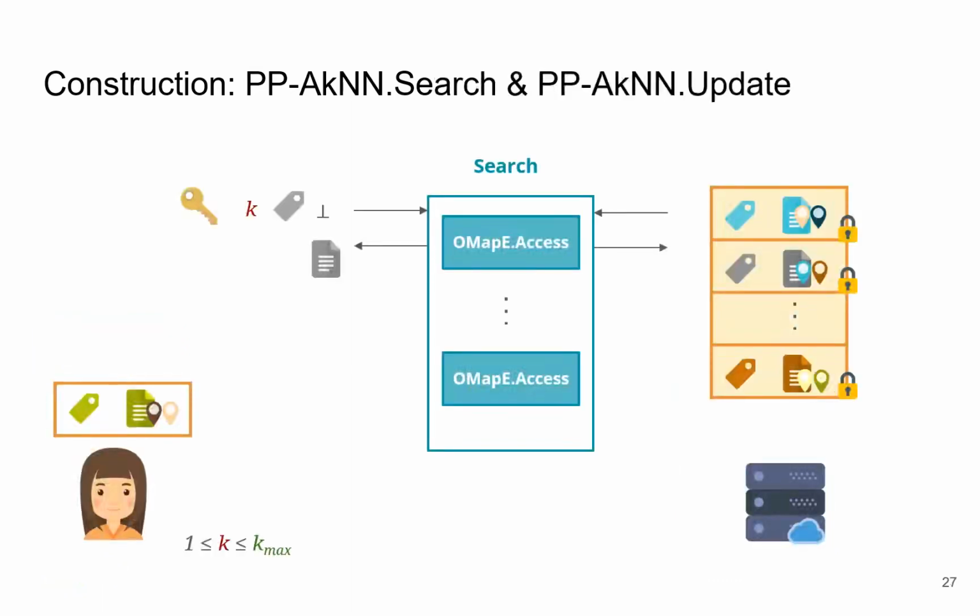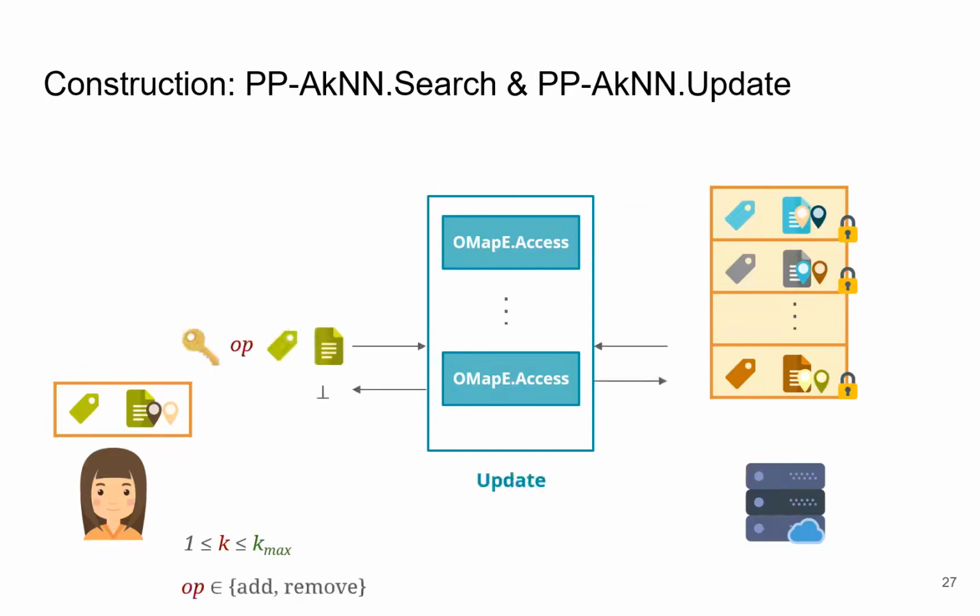The search and update algorithms of the PPA-KN construction are built using a similar idea. For search, it will run the OMAP access as a sub-protocol a fixed number of times to accomplish the AKN search. For update, it also runs the OMAP access a fixed number of times to update the underlying OMAP.